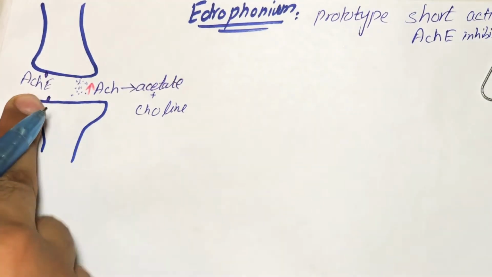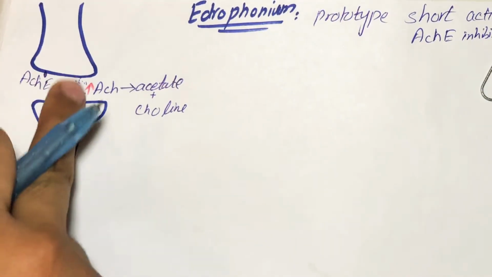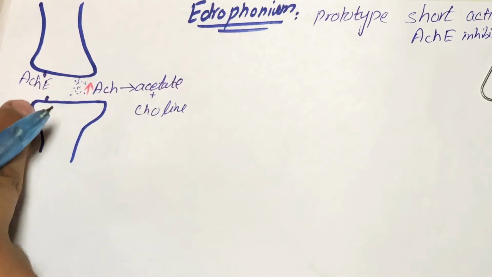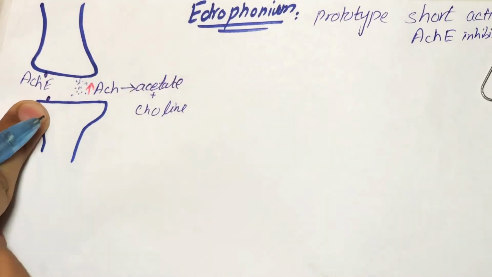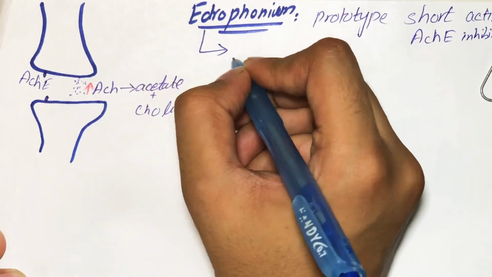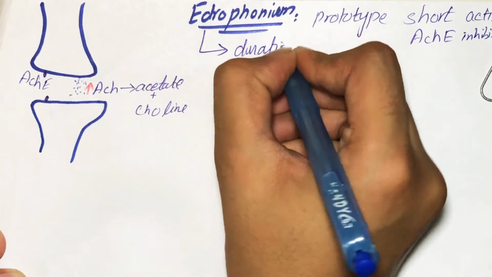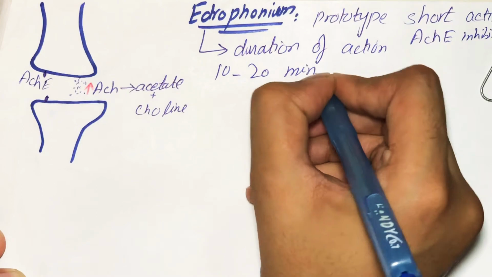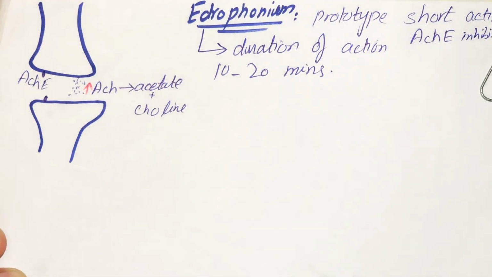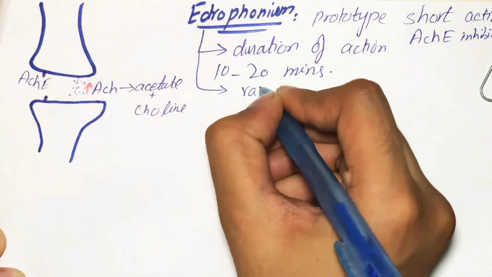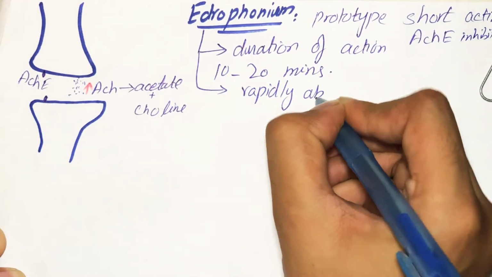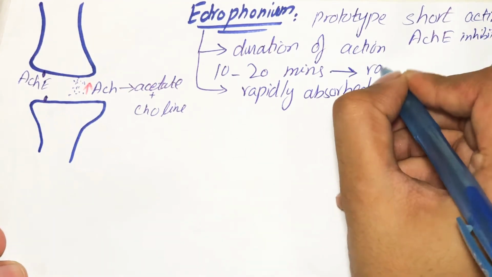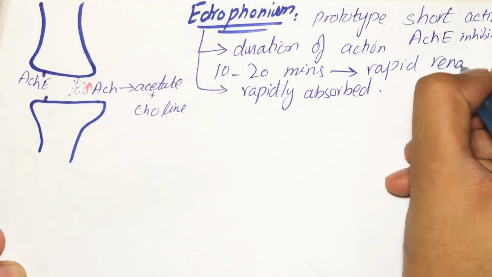It binds to acetylcholine esterase and causes dysfunction of this enzyme, but this activity and dysfunction is reversible. This drug has a duration of action of almost 10 to 20 minutes, because it is rapidly renally eliminated and therefore has a short duration of action. It is well absorbed into our body. Rapidly absorbed. Rapid renal elimination.